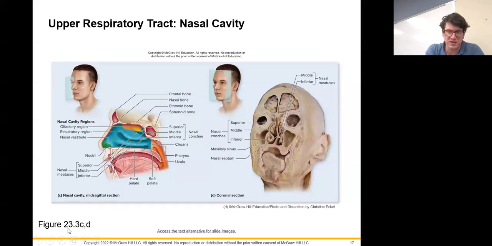Now we can also see some of the paranasal sinuses here. We can see our maxillary sinus here, and another sinus here. These are frontal here. These sinuses are very important because as our air is getting routed out while we're talking, some of that air is going to go up into our nasal cavity, and it's going to rattle around in these paranasal sinuses.